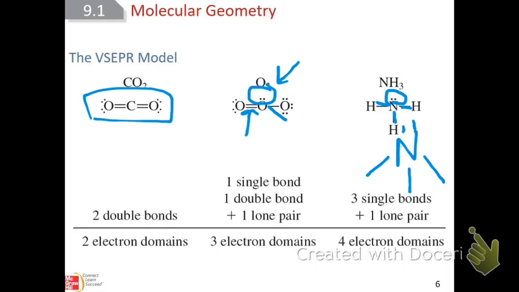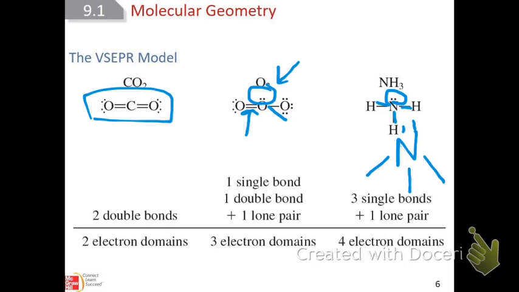And it gives you examples as well. If you have one lone pair, notice that it's going to make it bend. It's going to push those down. If you have two lone pairs of electrons, it's really going to push it and make that angle even more pronounced. So on page 369 of your text, it's going to give you these examples.